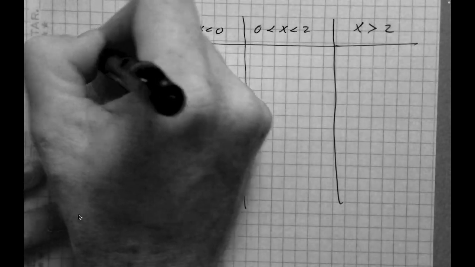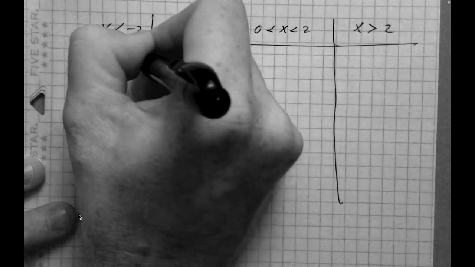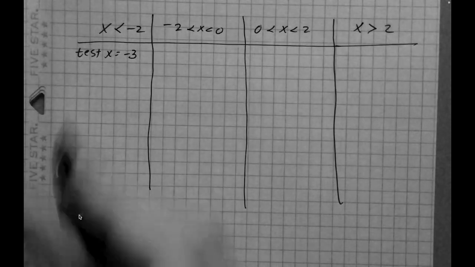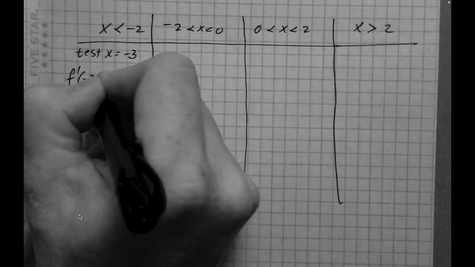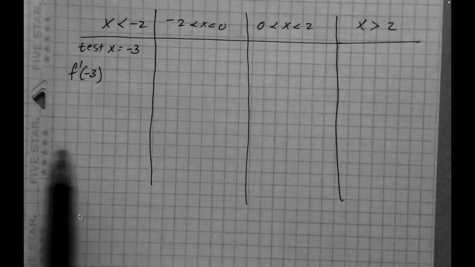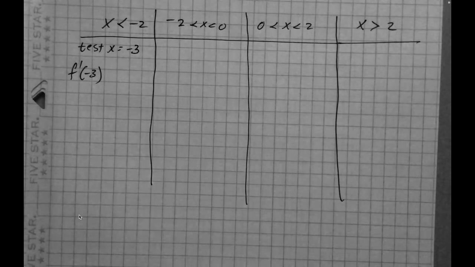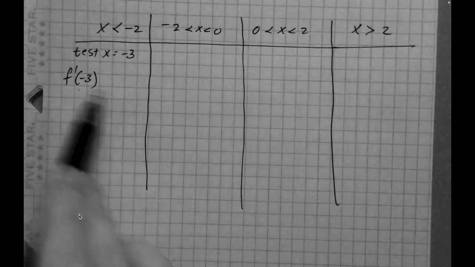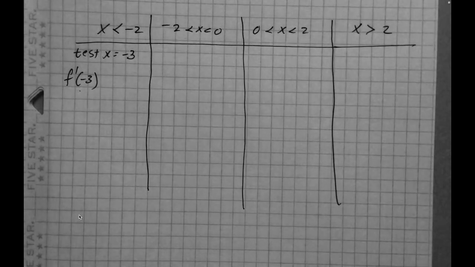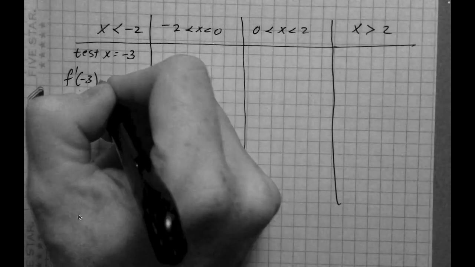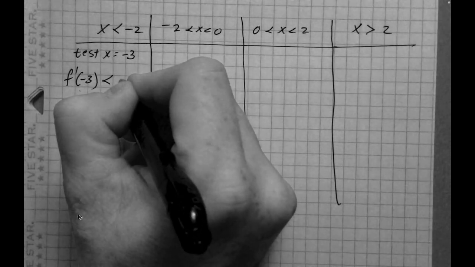Okay, so let's test a point down here. So let's test x equals negative 3, for example. And we plug that into the first derivative, and I just recommend going off to the side on a separate piece of paper and plugging in negative 3 into the derivative that we calculated. And when you do that, you'll get a negative value.